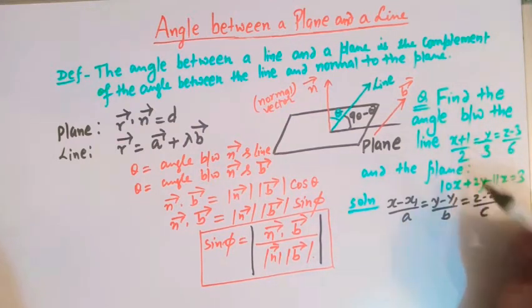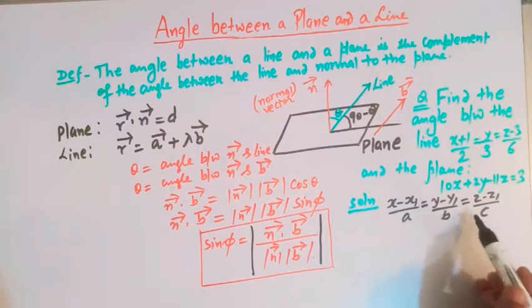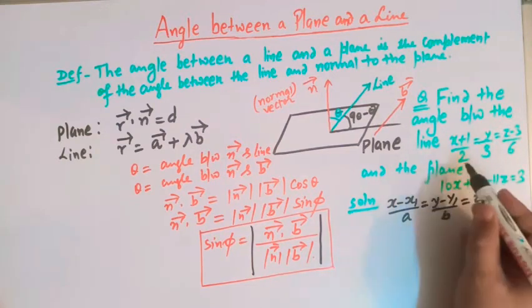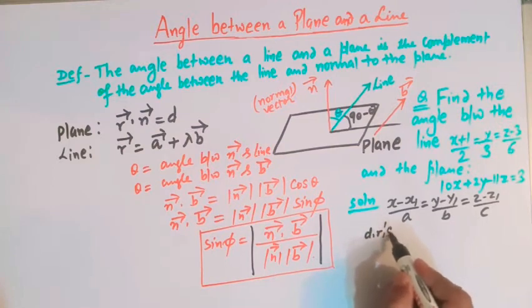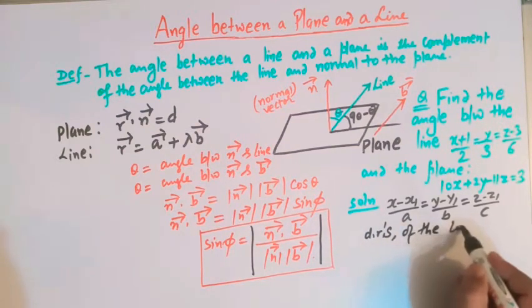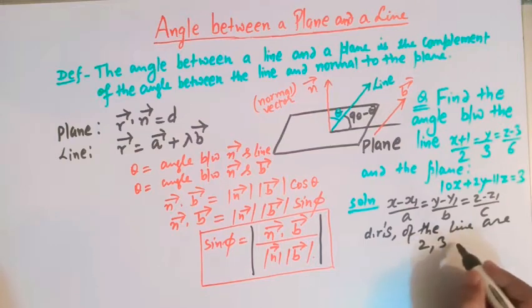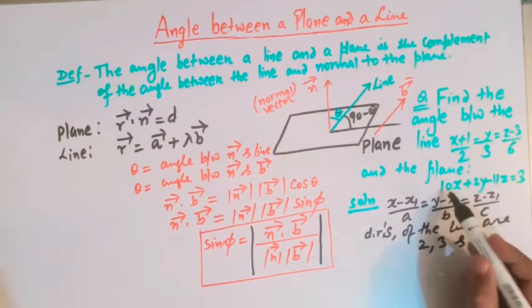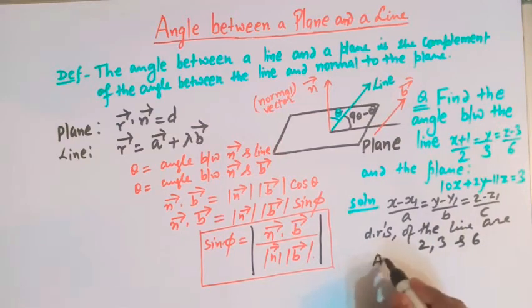Here there is no problem because the equation is given in this standard form. So the direction ratios of the line are A, B, C, here 2, 3 and 6.